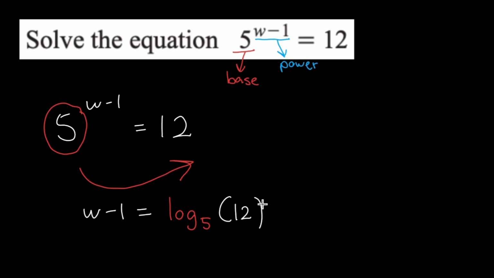So whatever that was on the right hand side will become the argument of the new log that is there. Then you can solve like usual. So here we get w equals to log base 5 of 12 plus 1. And that's the final answer. That's the relationship between exponential numbers and logarithms. Their bases are the opposites of each other.